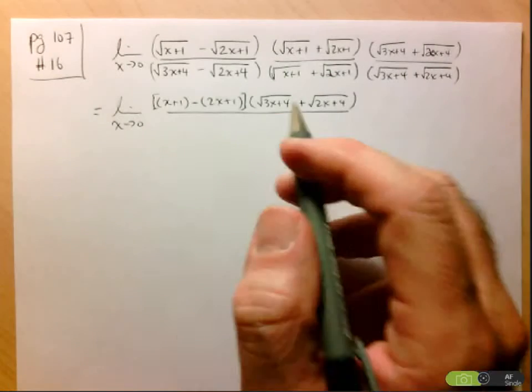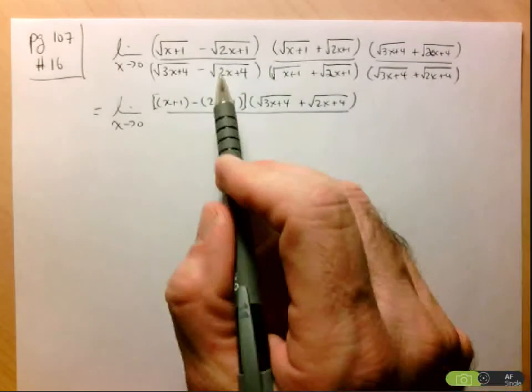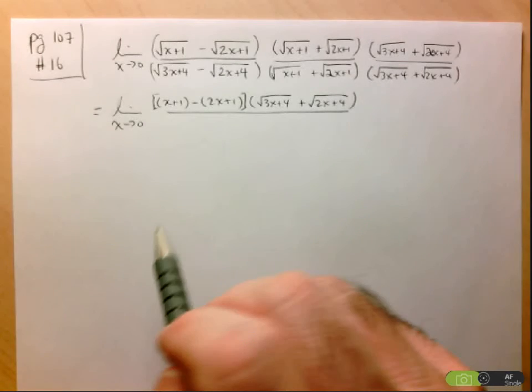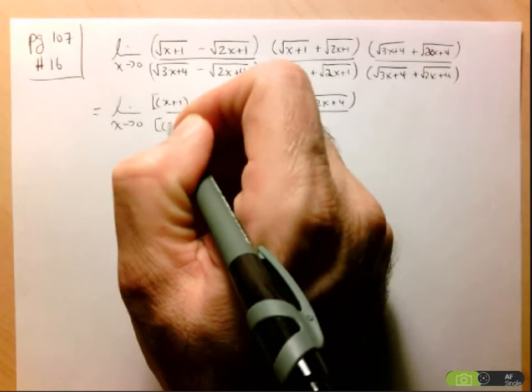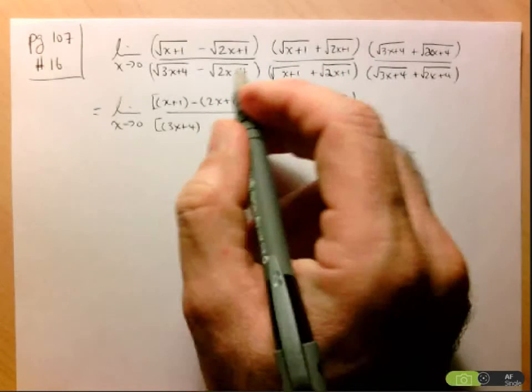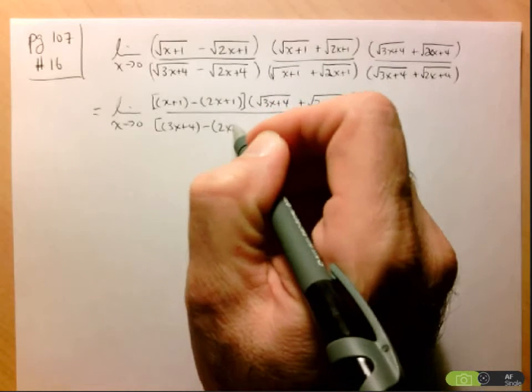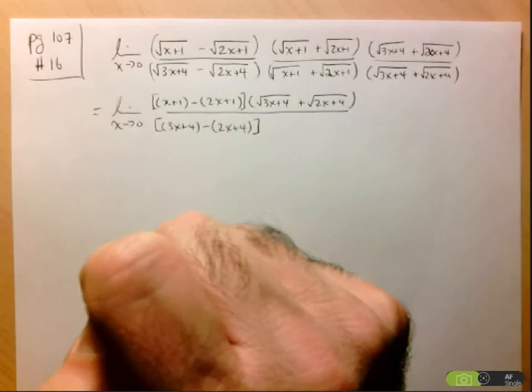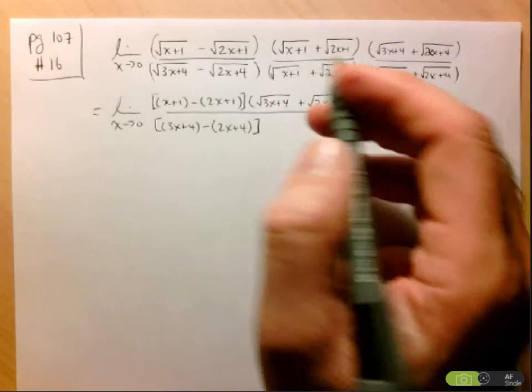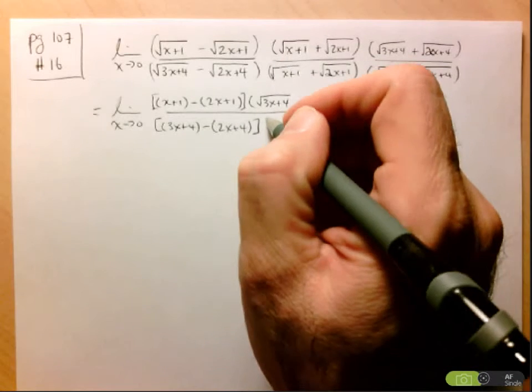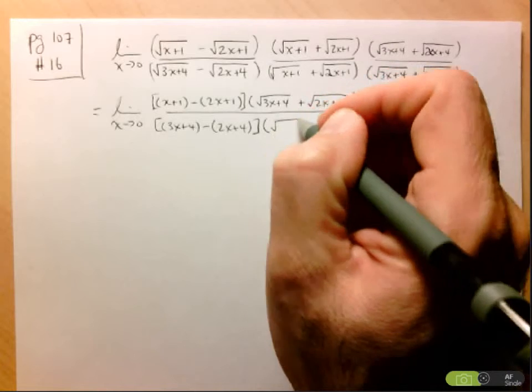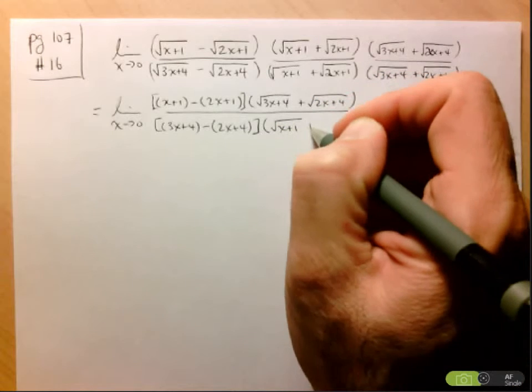And in the denominator, I'm going to multiply these two here to give us a difference of squares. So we're left with 3x plus 4 and then minus 2x plus 4. But of course we still have this term here, which doesn't pose a problem because it does not approach 0 as x approaches 0.